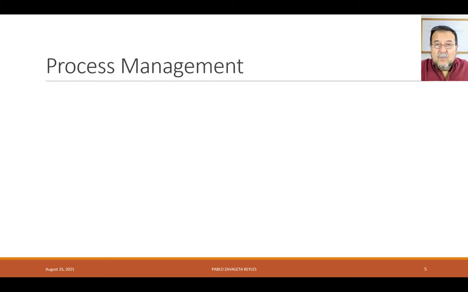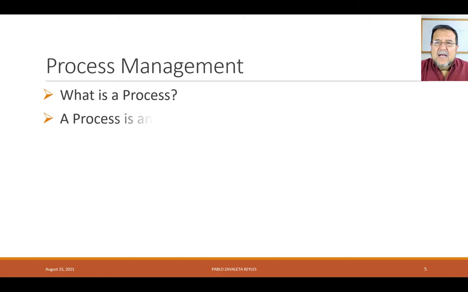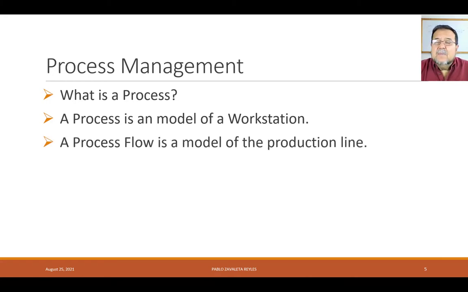And when we talk about process management, first we need to understand what a process is, which we have now defined, and it helps us to see a process as a model of a workstation, whereas a process flow is a model of the production line.